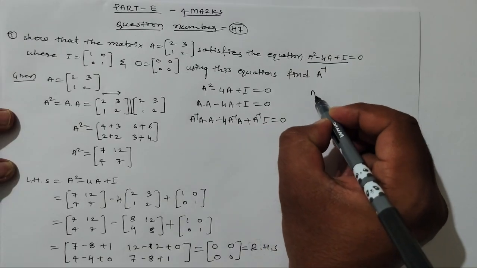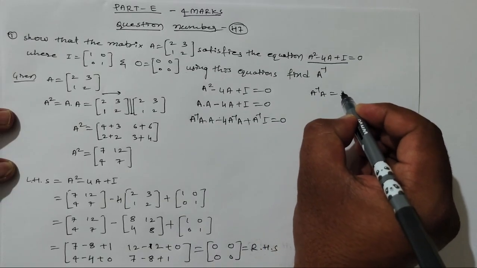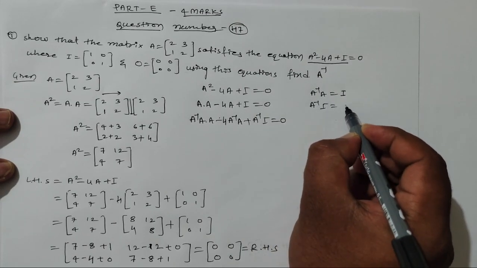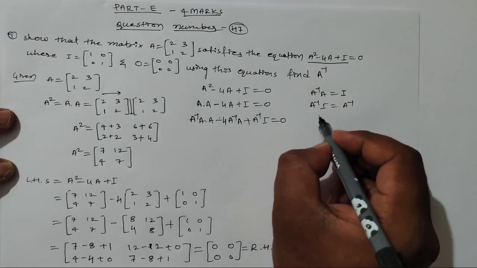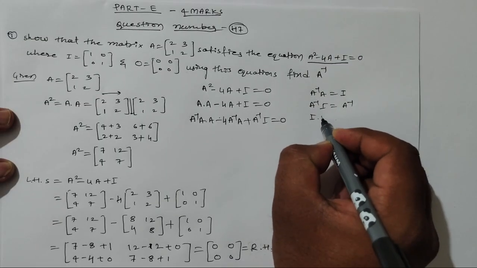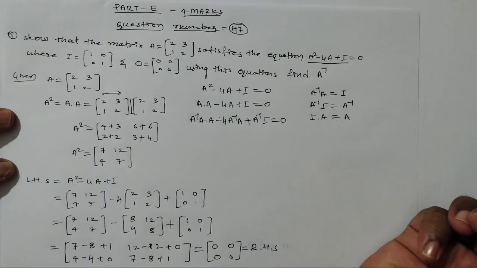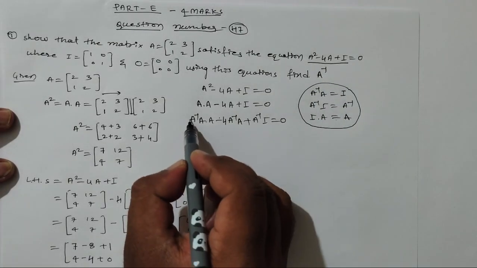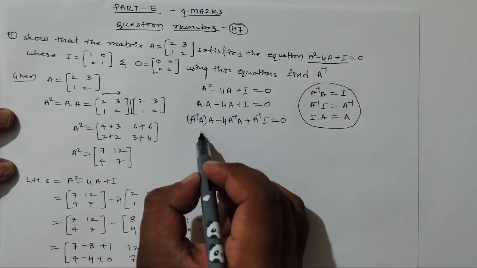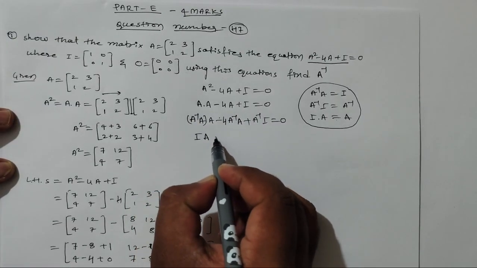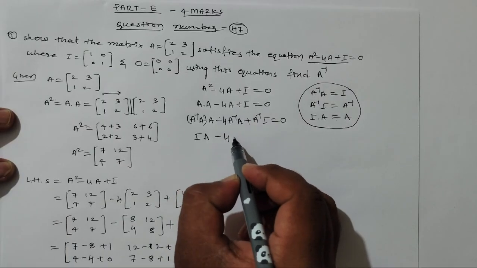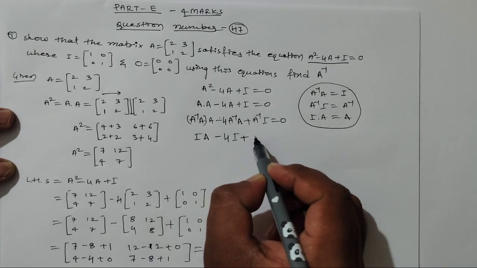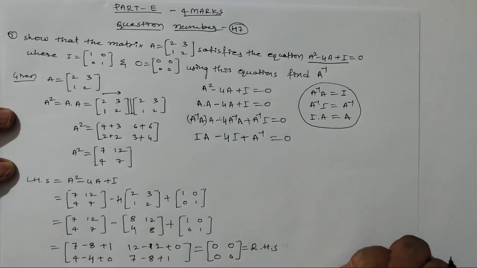You know that A inverse into A is equal to the identity matrix, and A inverse into I is A inverse. An identity matrix into A is also A. You should know this basic. So A inverse into A becomes I, minus 4 A inverse into A becomes minus 4I, plus A inverse into I becomes A inverse, equal to 0.